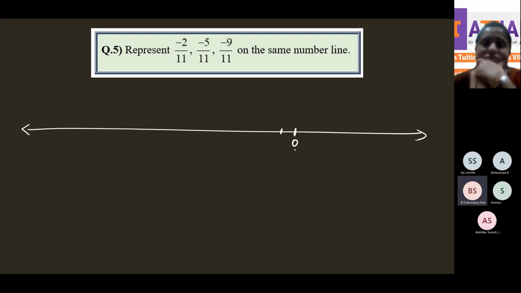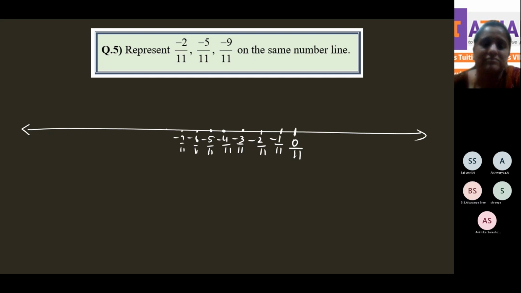Left. What will be the first rational number here? 0 means 0 by 11. Then minus 1 by 11, minus 2 by 11, minus 3 by 11, minus 4 by 11, minus 5 by 11, minus 6 by 11, minus 7 by 11, minus 8 by 11, minus 9 by 11, minus 10 by 11, minus 11 by 11.